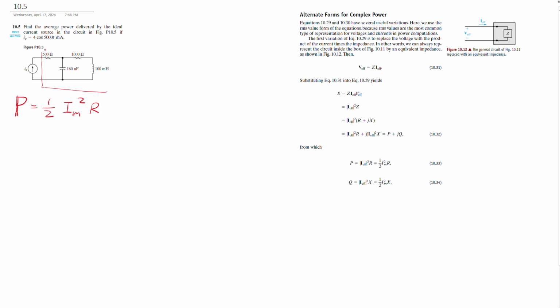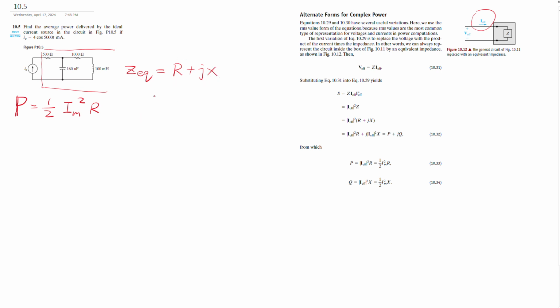So our first task is to calculate the Z equivalent. It's similar to this one. If you got this current, I squared R is the P, and R is the real part of the impedance. You have R and a jX, so resistance and reactance.